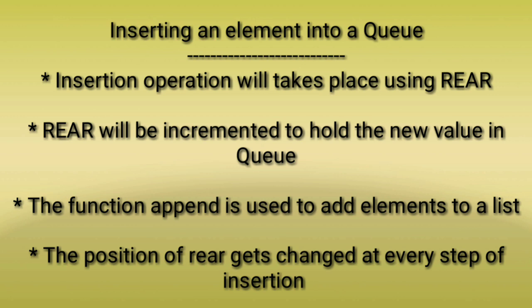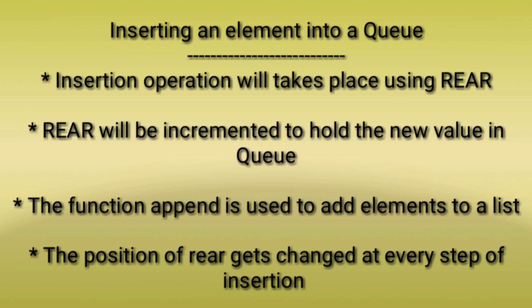Insertion takes place at the rear end, and deletion takes place at the front end. After insertion of an element, rear will be incremented to hold the new value in the queue.